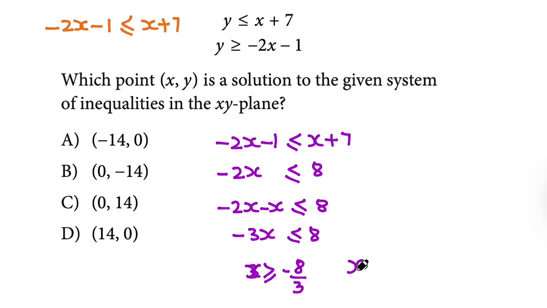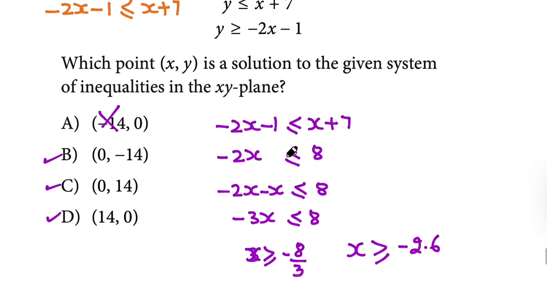That means x has to be greater than, because all the options are integers, so let me write it in the form of a decimal. It has to be greater than negative 2.6, right? So you see, negative 14 is deleted because that value of x is not possible. So B, C and D are all satisfying x, but we also have to solve for y.